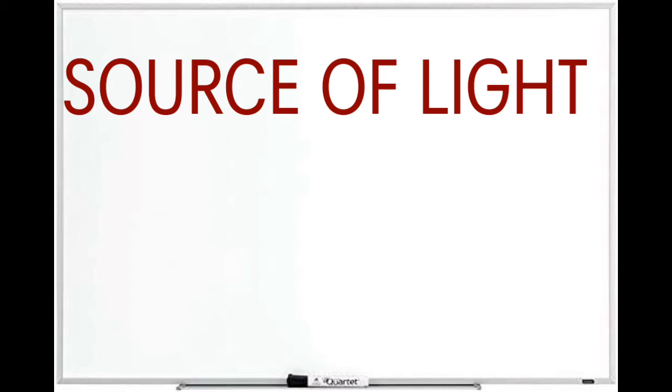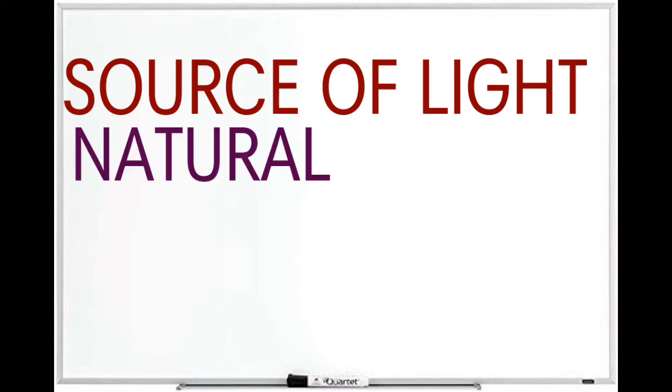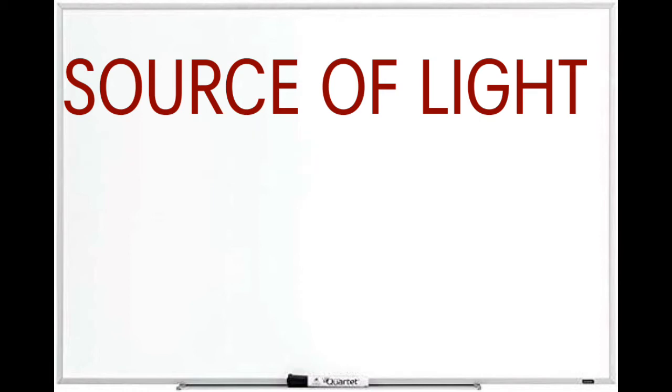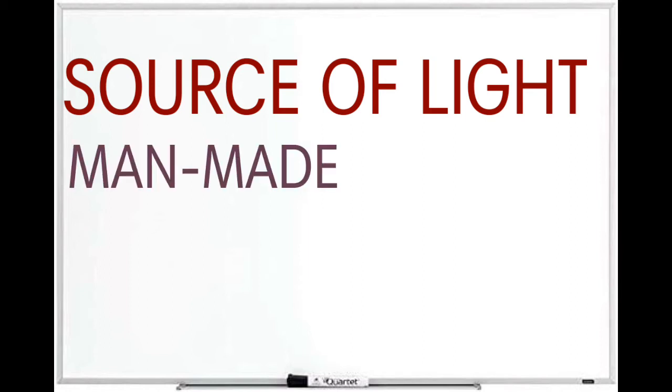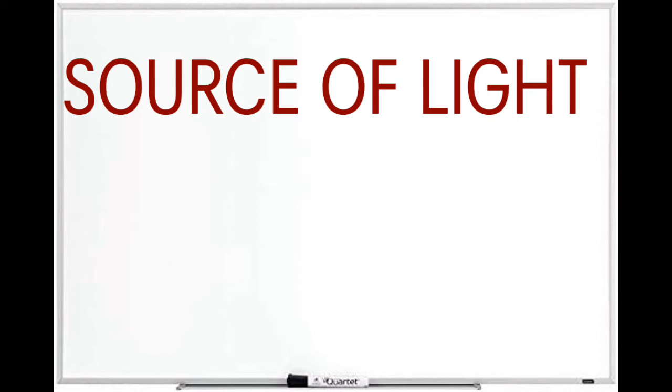So now let us know about natural sources of light. Natural sources of light are anything that makes light on their own without being made by humans. Some examples are sun, stars, fireflies, etc. Now, artificial or man-made luminous objects: bulb, candle, flashlight are some man-made or artificial sources of light.